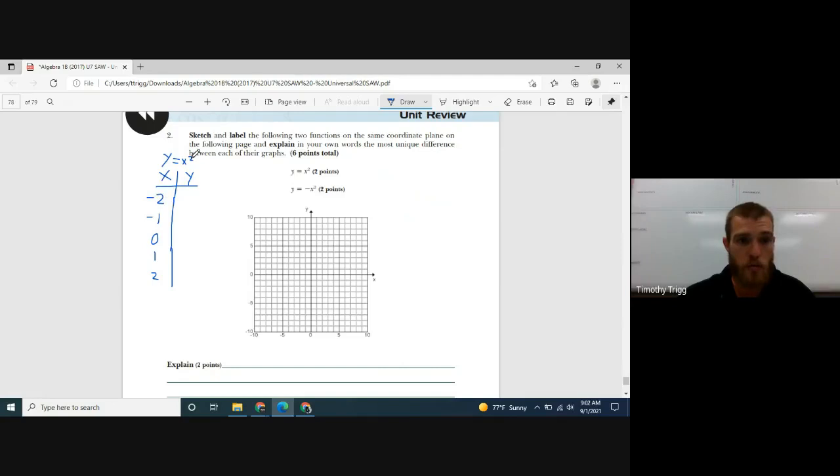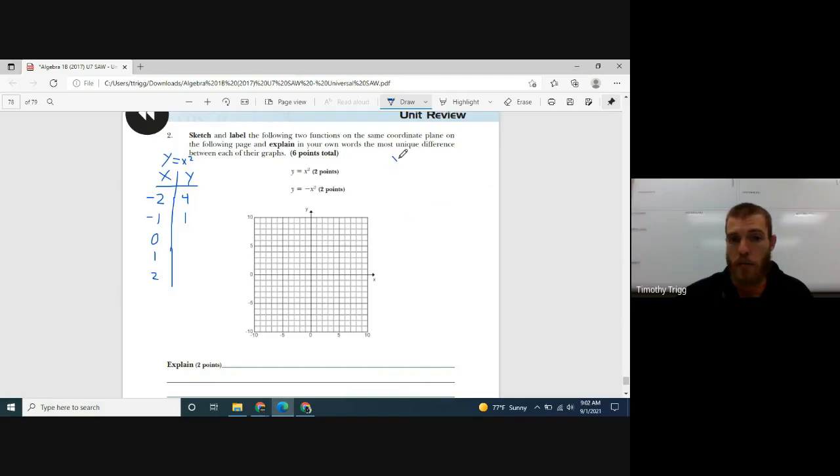So negative 2 squared gives me 4, right? Because that's negative 2 times negative 2. Negative 1 squared means negative 1 times negative 1. That's positive 1 as the y value. Okay, go ahead and figure out the rest of these. Pause the video and finish the rest of this chart.